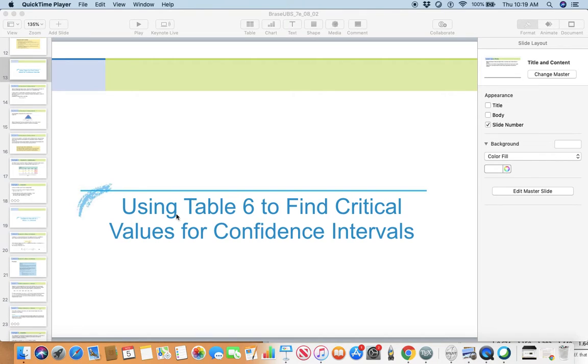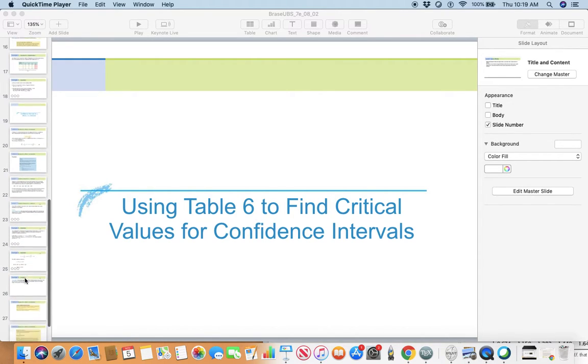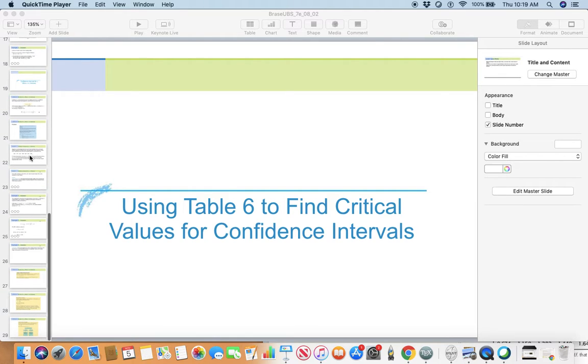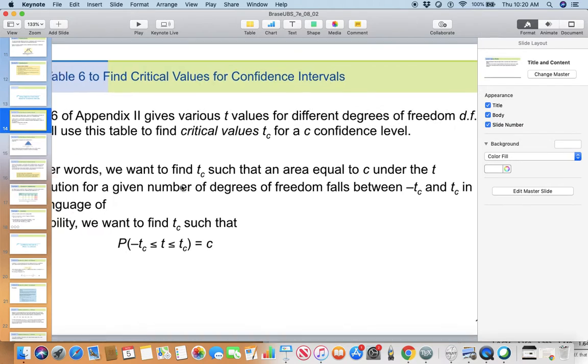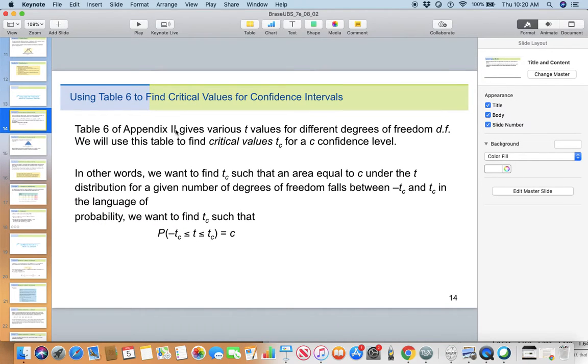So now we learn about using Table 6 to find critical values for confidence intervals. Table 6 of Appendix 2 gives various t values for different degrees of freedom, df. We will use this table to find critical values Tc for a C confidence interval.